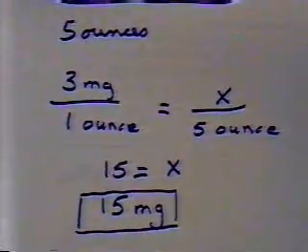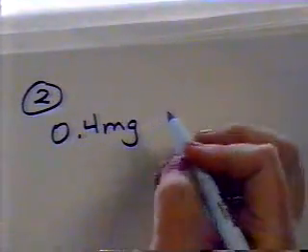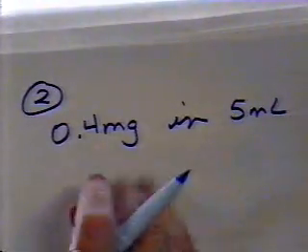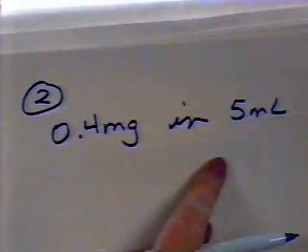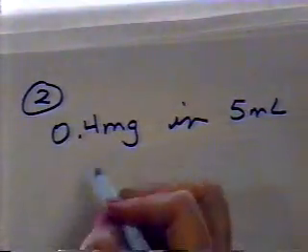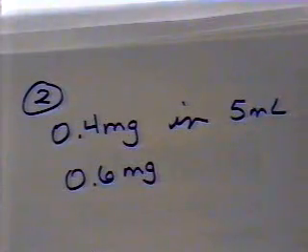Okay. The second problem says a vial contains 0.4 milligrams in 5 milliliters. 0.4 milligrams in 5 milliliters. How much must be given if I want to give a dose of 0.6 milligrams?